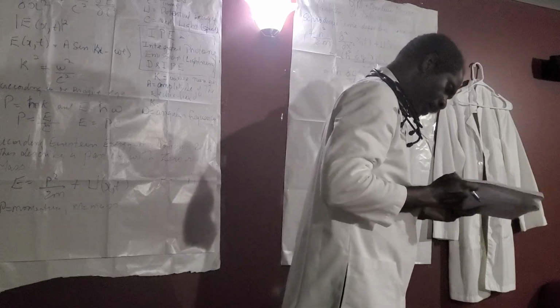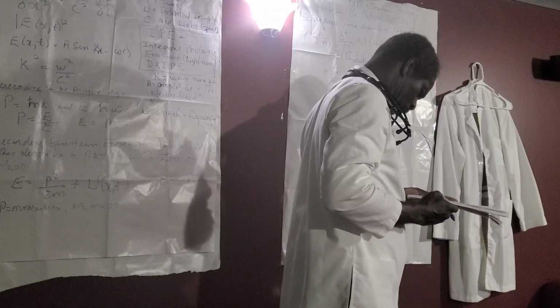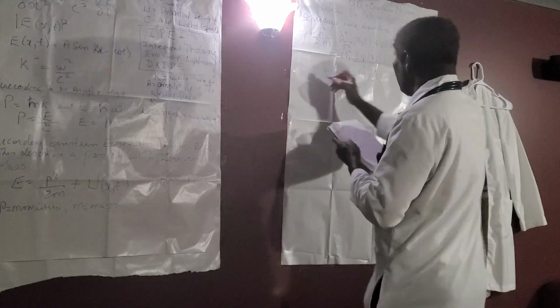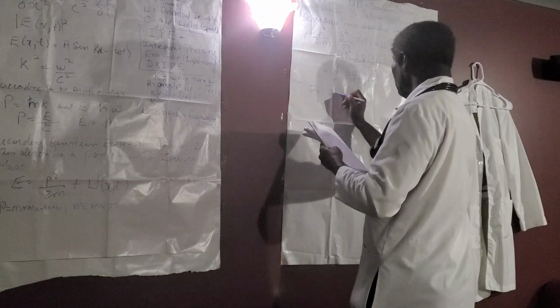Now, as described by the potential energy, the force on the particle is described by the potential through the equation where U is given by F equal to minus partial potential energy U of x and t by partial x.